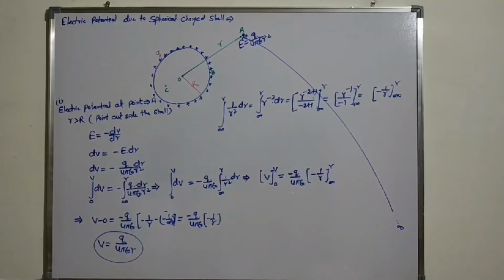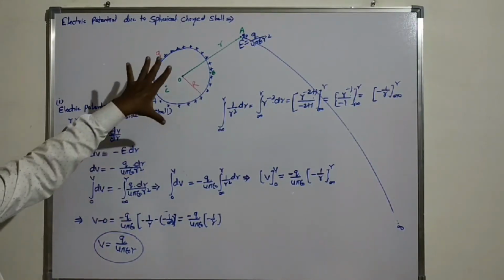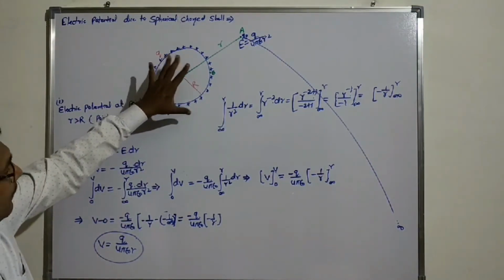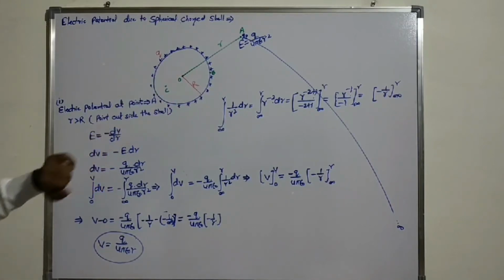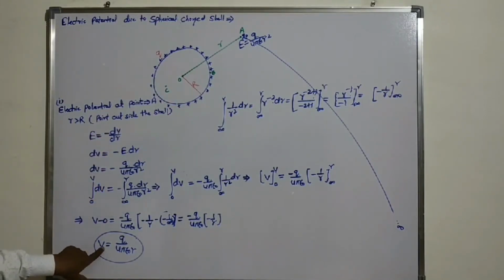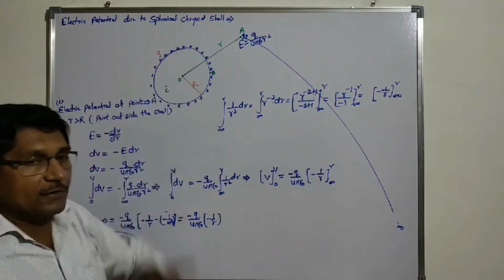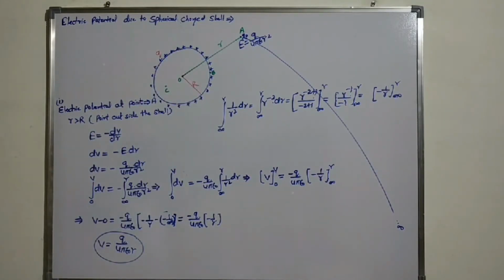And look at this formula. This formula is equivalent to the electric potential due to a point charge. In previous classes, I told you that spherical bodies act as a point charge.